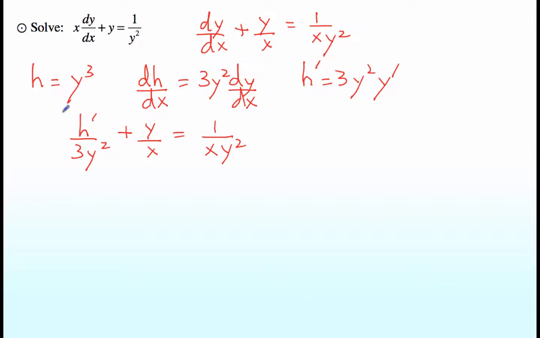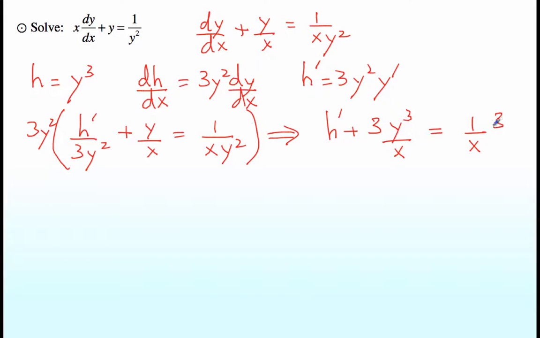Now what I'm going to do is multiply both sides of this by 3y squared. And so this gives me h' + 3y cubed/x = 1/x times 3. But y cubed is just h. And so what we've got now is h' + (3/x)h = 3/x.